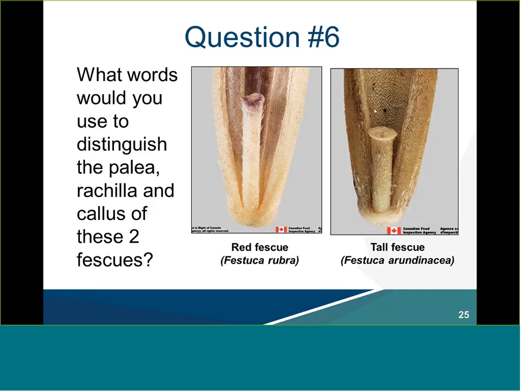So I really encourage you, use what I say as a starting point, gather the information from your own interpretation and from other analysts. They are such a font of information. It's incredible. So what words would you use to distinguish? That means we're going to compare and contrast between red fescue and tall fescue. The palea, the rachilla, and the callus of these 2.